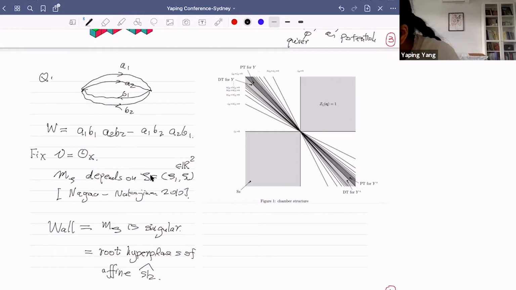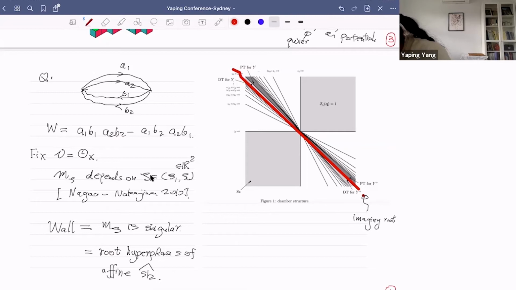Right, so in particular, if I look at this wall, if I look at this off-diagonal, this wall corresponds to the imaginary root hyperplane. And all the other walls are the real root hyperplanes.